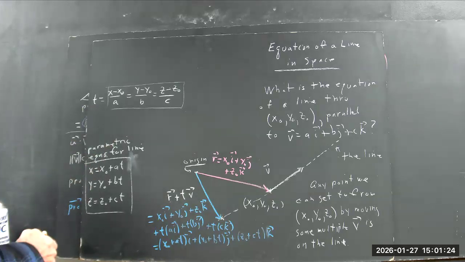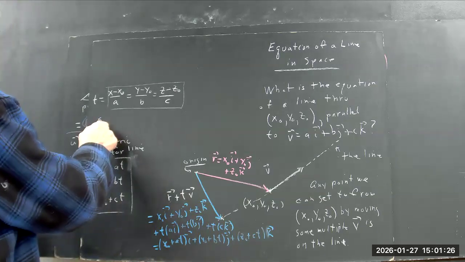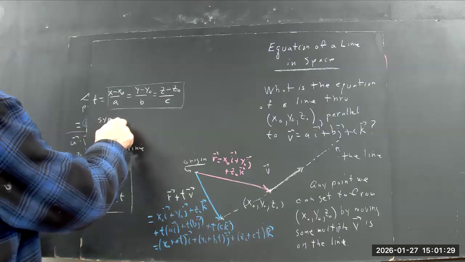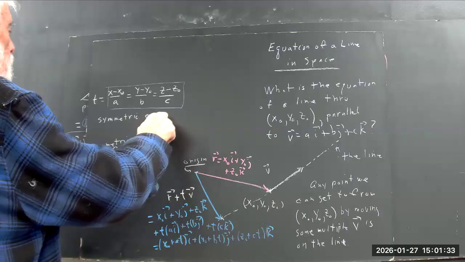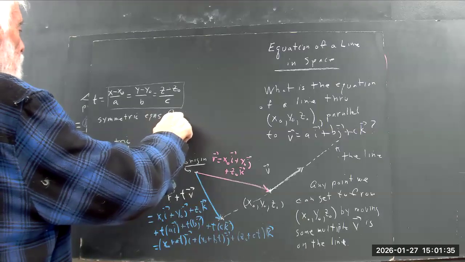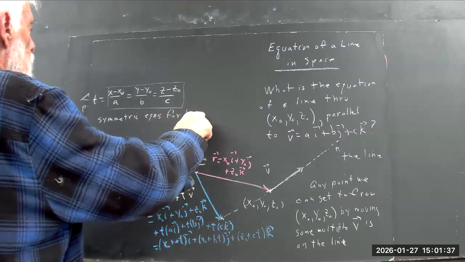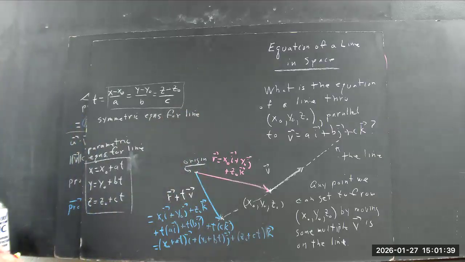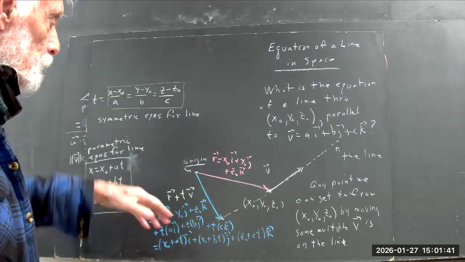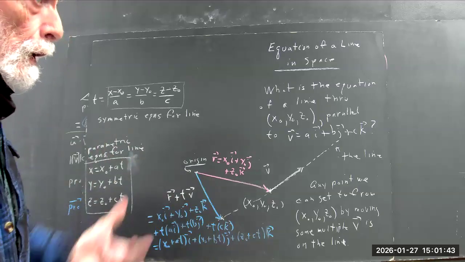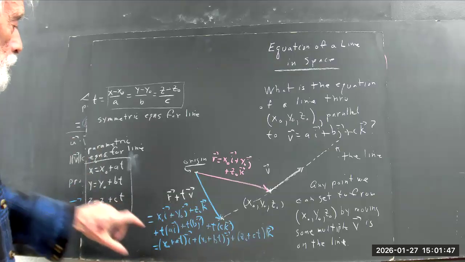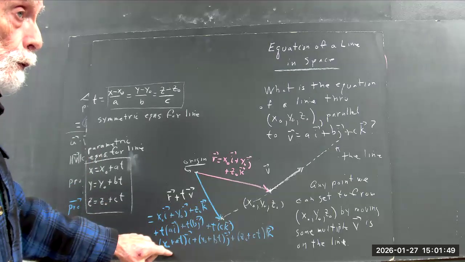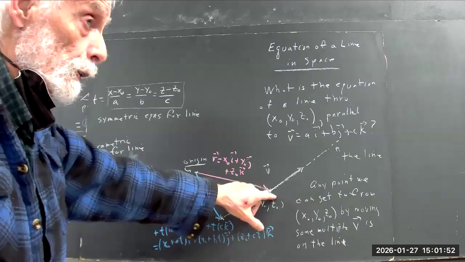What you have right here is the symmetric equations for a line. There are all kinds of things we can do with these equations, and it's fairly easy to apply. Just remember there are three equivalent ways of representing the line, and they all come back to this picture.